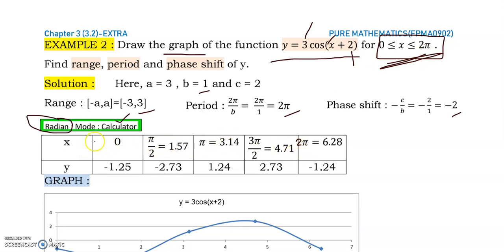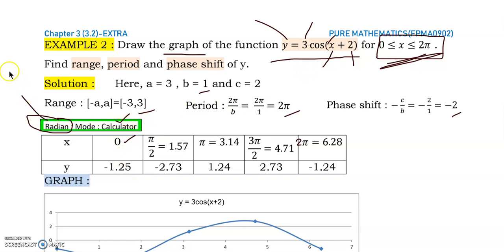Now x is 0, the first value. You substitute x equal to 0 in y. 3 times cosine 0 plus 2, you will get in the calculator minus 1.25. Once again I am telling, when you do this question, you must keep your calculator in radian mode.